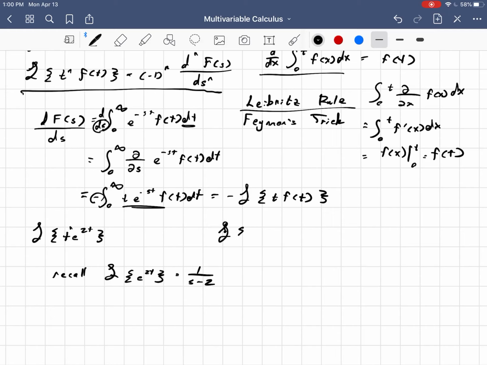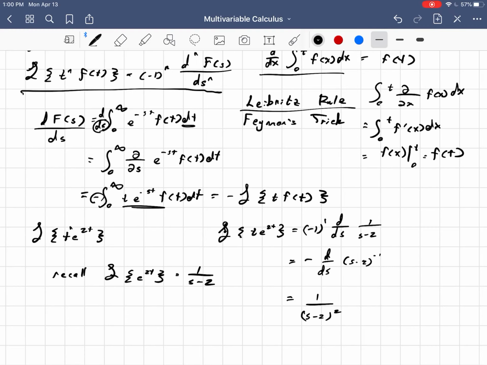And then I could say I'm multiplying, this is really t to the 1, so that means the Laplace transform of t e to the 2t is negative 1 to the 1 times the first derivative with respect to s of 1 over s minus 2, which is negative of the derivative with respect to s of s minus 2 to the negative 1.